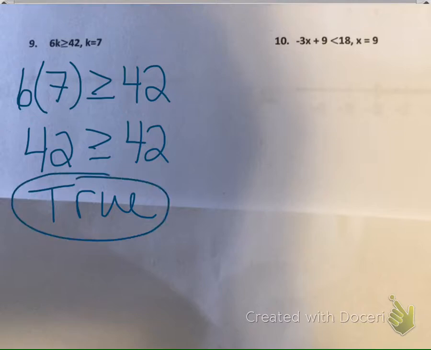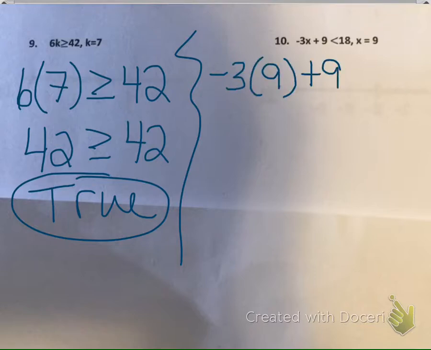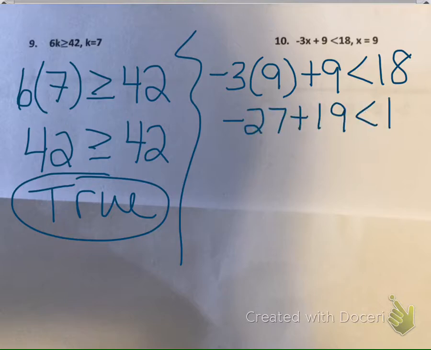And number 10, we have negative 3x plus 9 is less than 18. So for this one, we're plugging in x equals 9, so negative 3 times 9 plus 9 is less than 18. Following your order of operations, negative 3 times 9 is negative 27, plus 19 is less than 18. Negative 27 plus 19, you have different signs. Subtract, take the sign of the larger number.